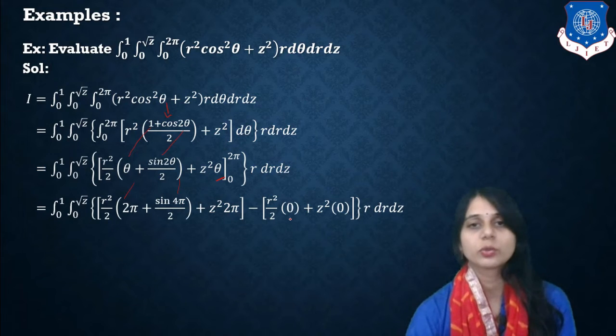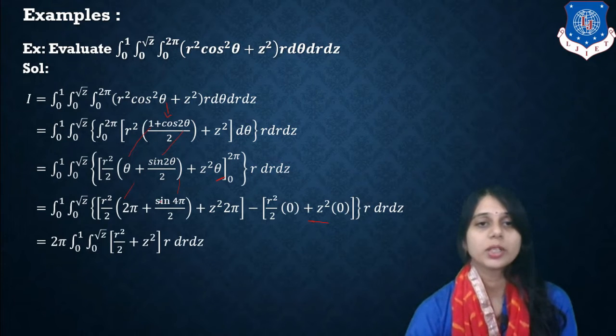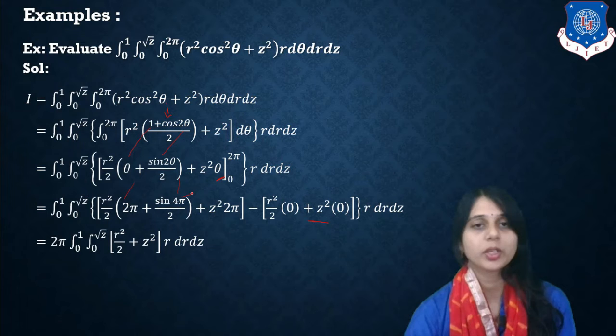Putting the value of 0, we get the lower limit as 0. So it is 2 pi. What is sin 4 pi? Sin 4 pi is also 0. So it is r square by 2 times 2 pi, z square times 2 pi. We take 2 pi common. So it is 2 pi times (r square by 2 plus z square).